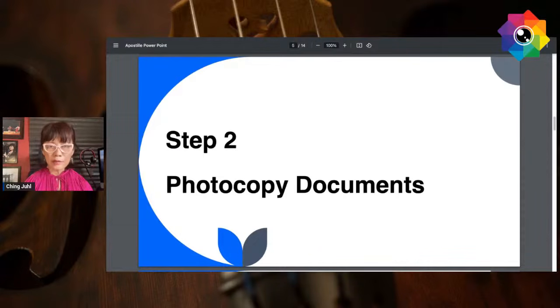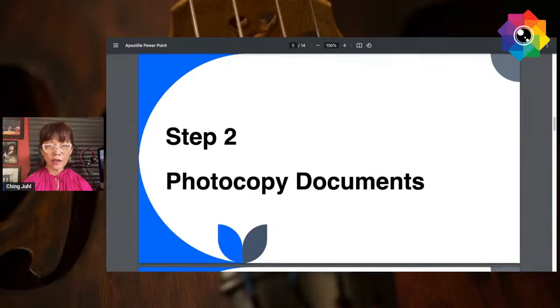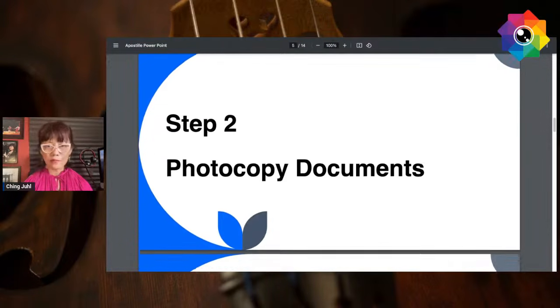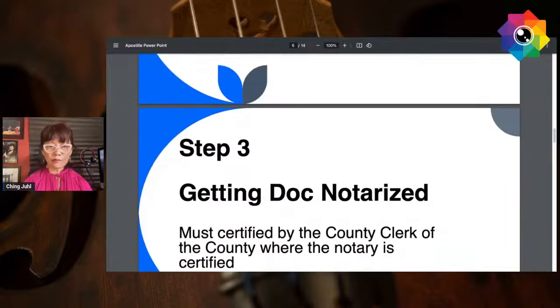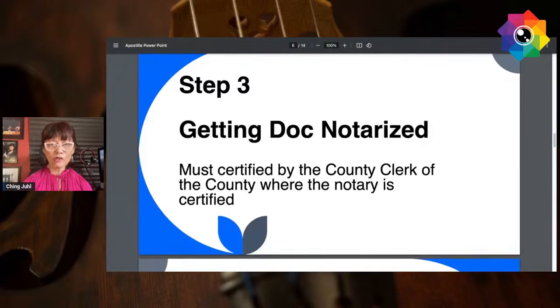Sometimes, like my lawyers in China, they want 2 copies per document. So everything 2 copies. So you're going to make photocopies of your document and bring that to the right office to notarize. Number three, getting the document notarized.